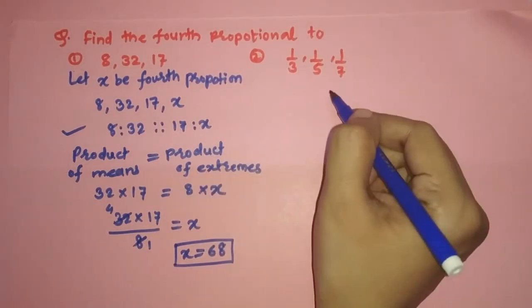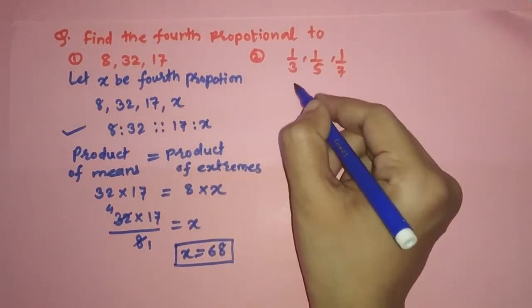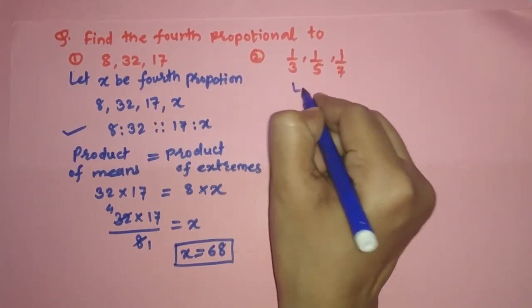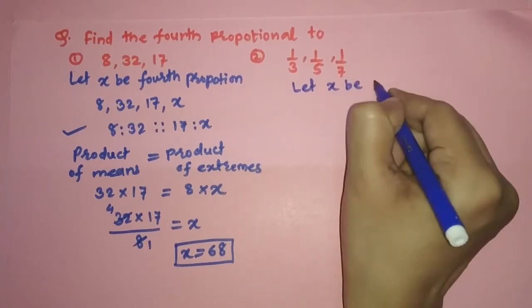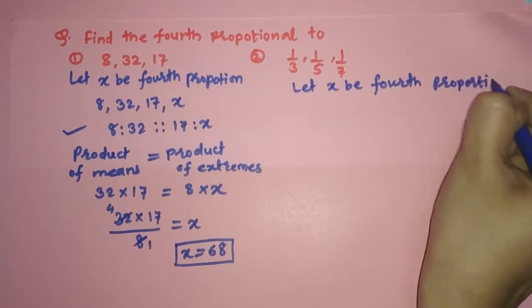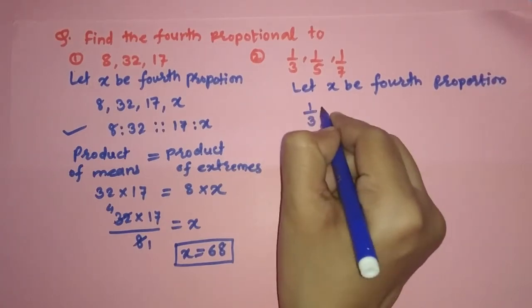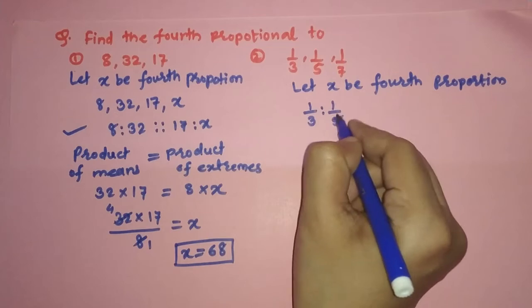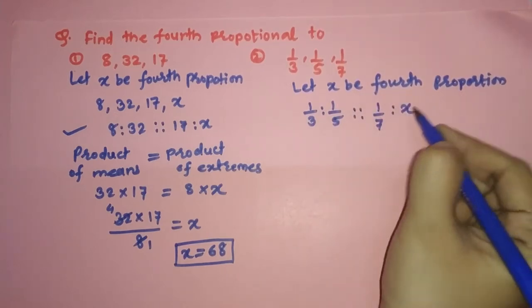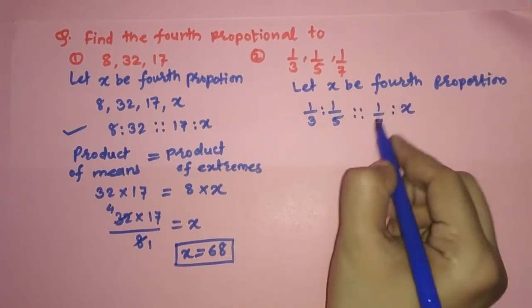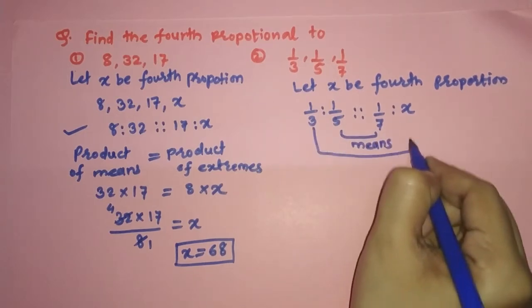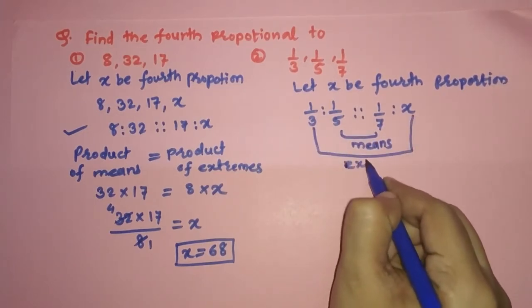Now in this way we'll solve the next problem, that is 1 by 3, 1 by 5 and 1 by 7, and x. Here also, friends, we'll consider x to be the fourth proportion. So when x is the fourth proportion, we can write 1 by 3 is to 1 by 5 as 1 by 7 is to x. So here we have considered x as the fourth proportion. So these are the means, and the first and last are the extremes.